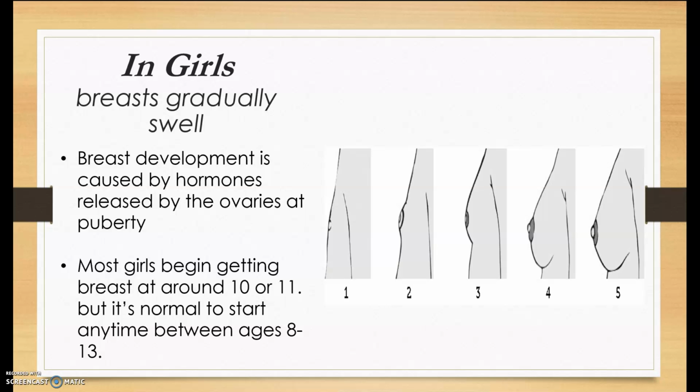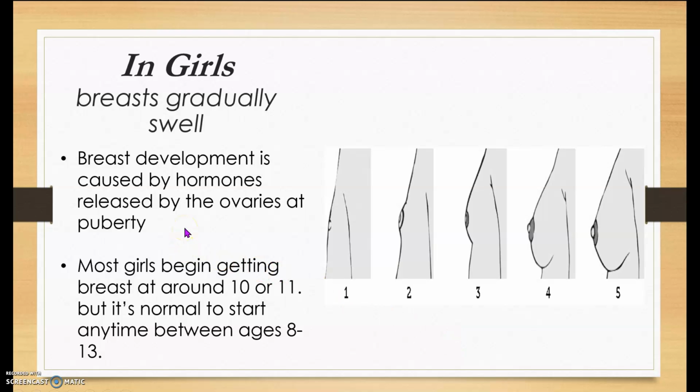Okay. In girls, breasts gradually swell. Everybody repeat after me. Breasts gradually swell. Very good. So this is what we can notice when the girls hit puberty. Okay, let's read this.